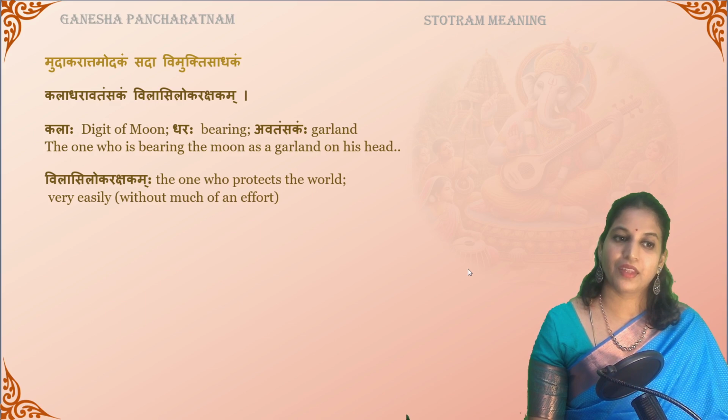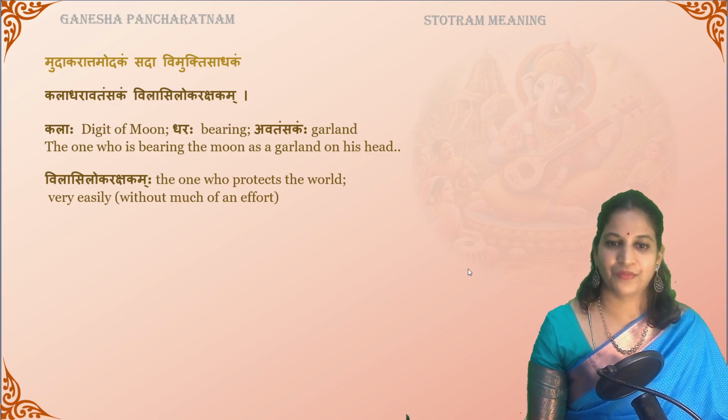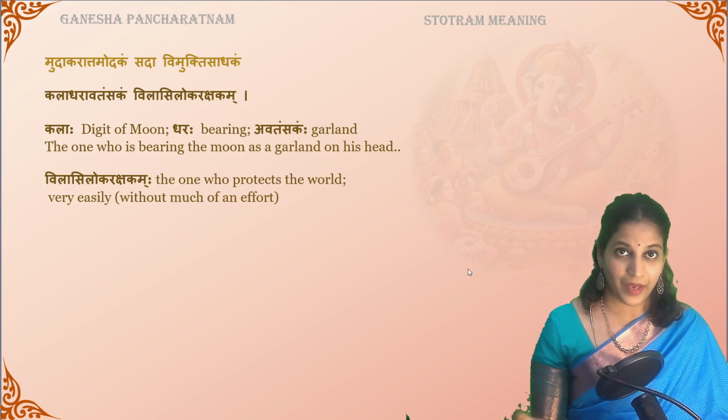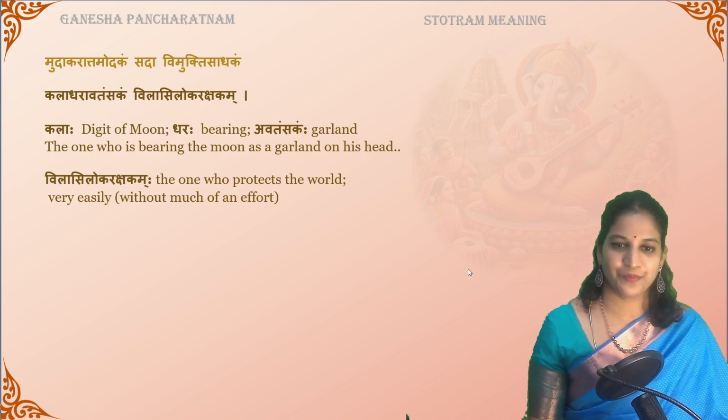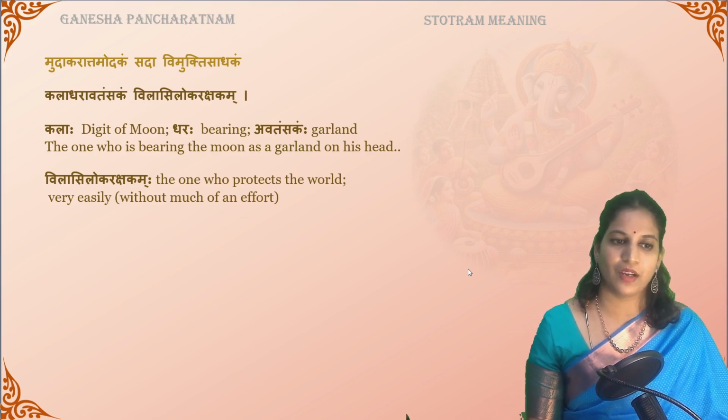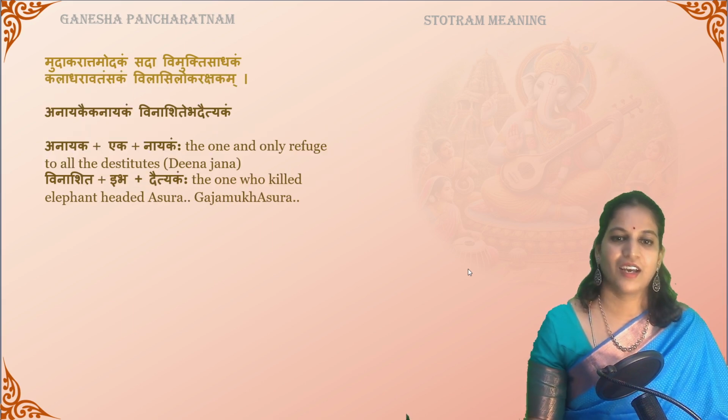Kaladharavatam sakam vilasi loka rakshakam. Kala is digit of moon. Dhara, bearing. The one who is bearing the moon as a garland on his head. Vilasi loka rakshakam. The one who protects the world very easily without much of an effort. Anayakaikanayakam vinashite bhadaityakam.